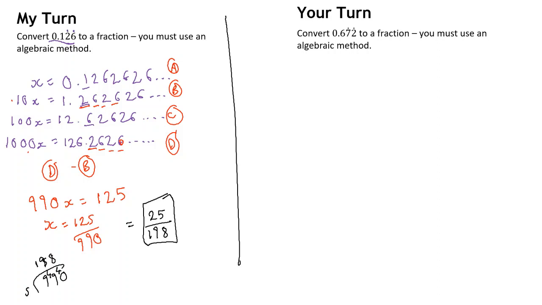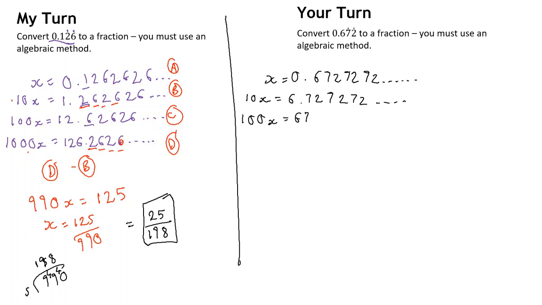Okay, so starting with this one then, here we would have x equals 0.6727272, and so on. So then we get 10x. We get 100x. We get 1000x.